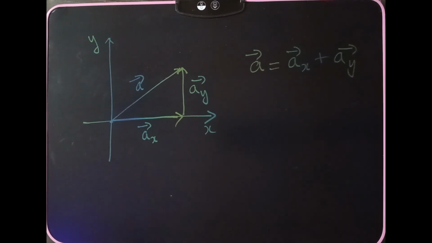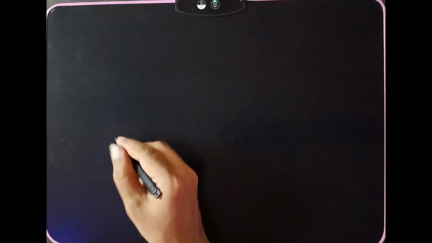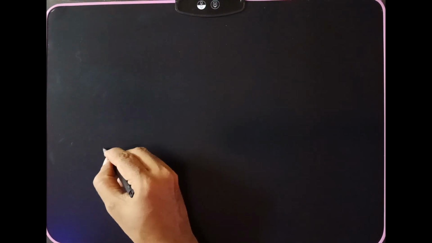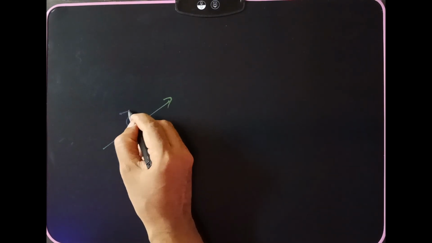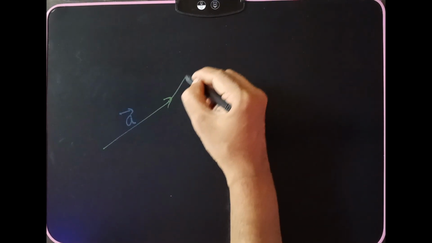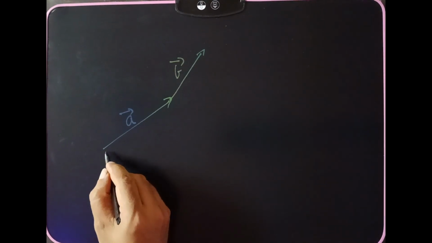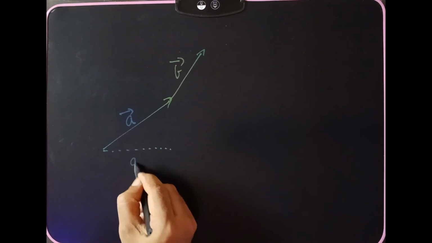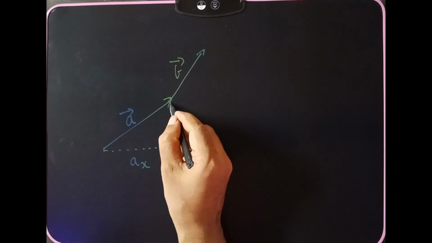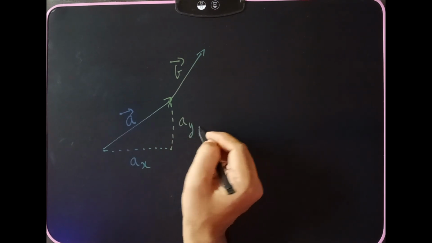So far so good. Now let us say we have two vectors, A and then another vector going this way, B vector. So this component along the x-axis will be called Ax and this component along the y-axis will be called Ay.